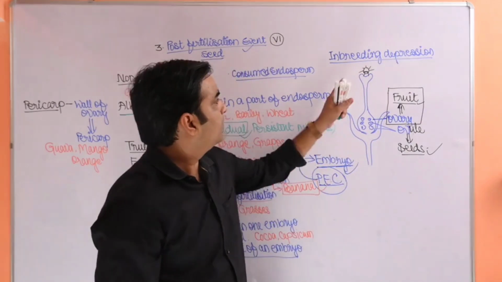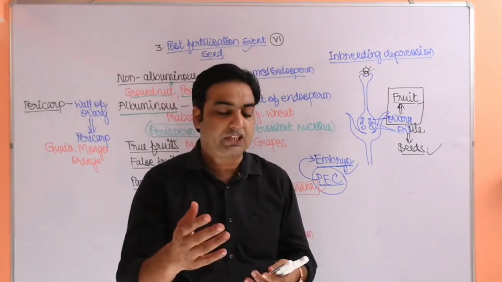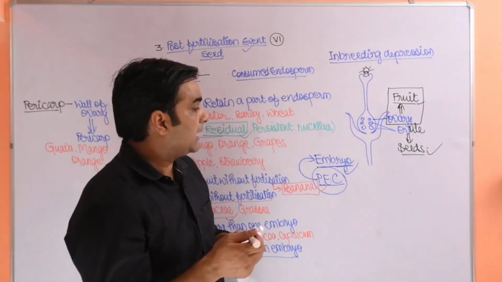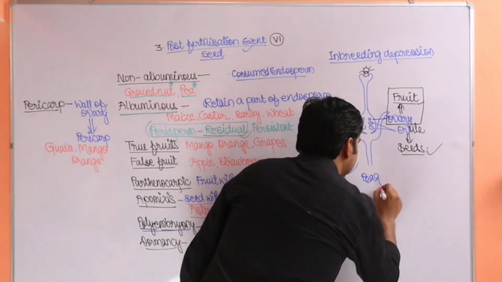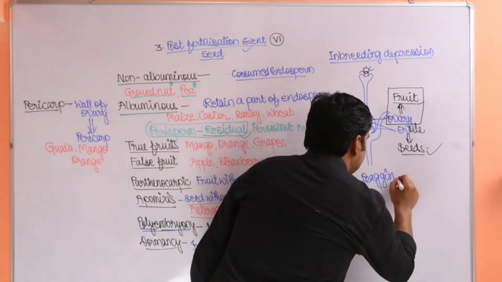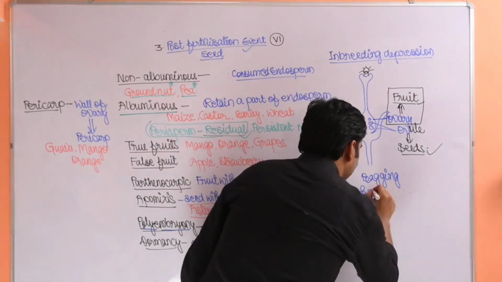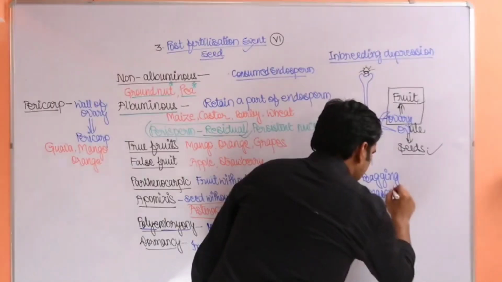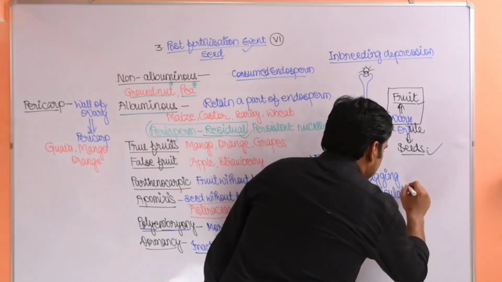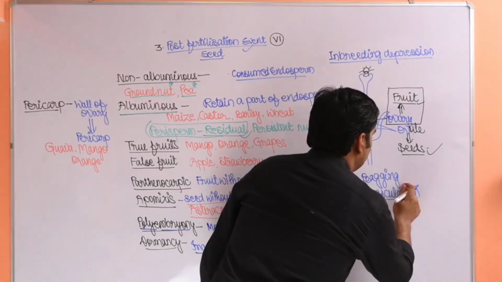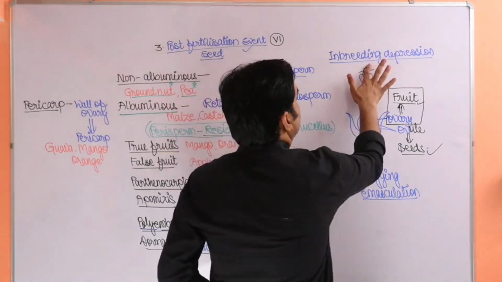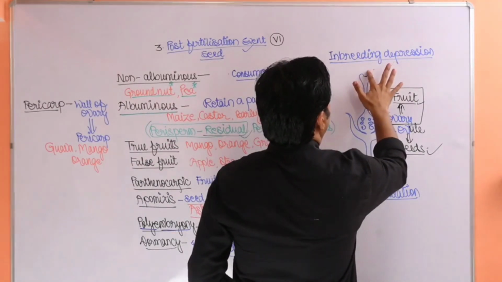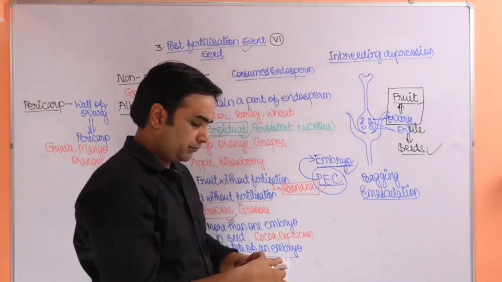But in artificial hybridization, you have seen two words: bagging and emasculation. These two words are also very familiar for the board examination. Suppose this is a female reproductive system.